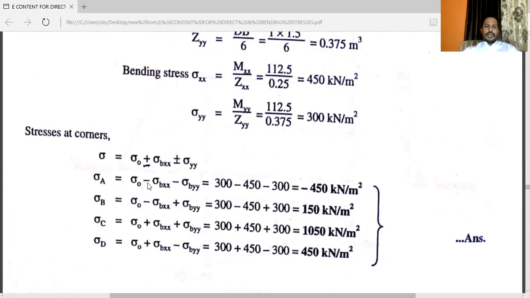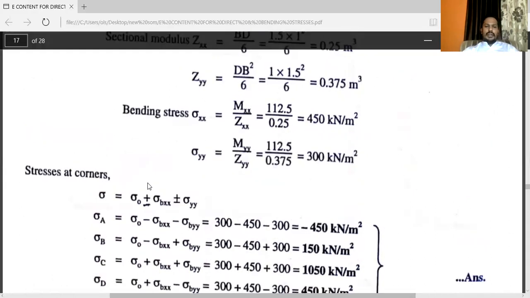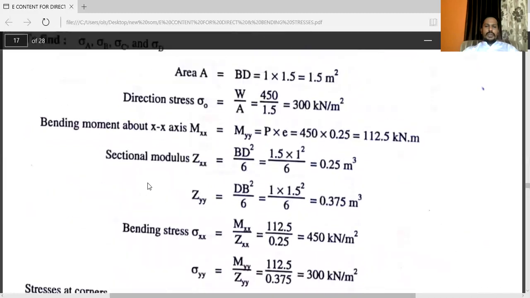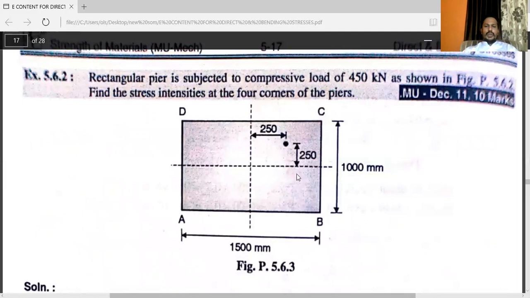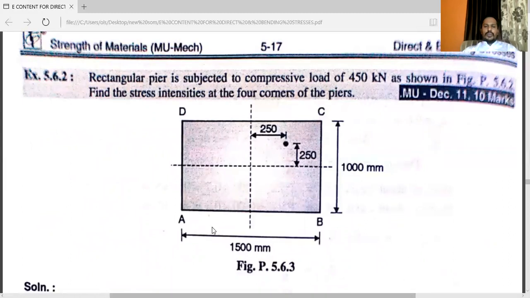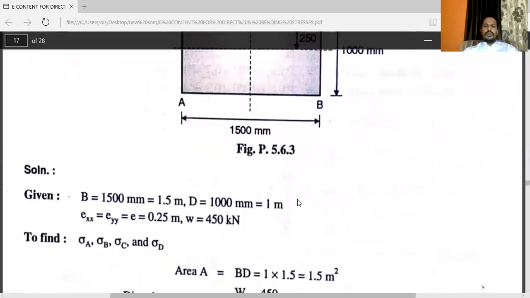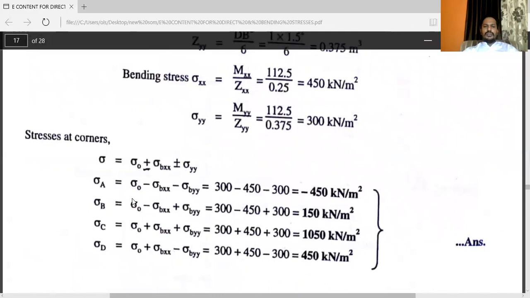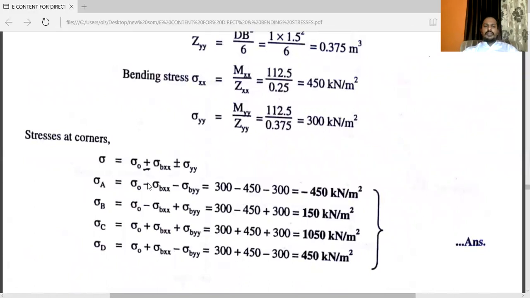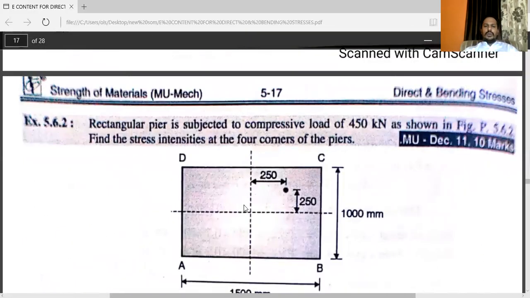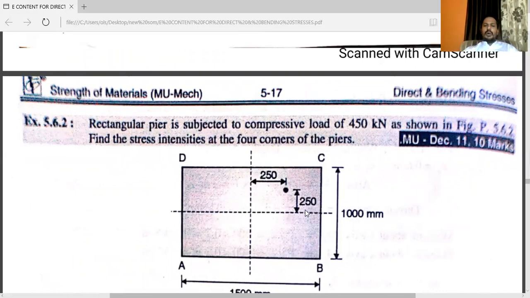And after that, you can write the sign conventions. Here you can see the point is acting in the first quadrant, A and B. While considering xx, both signs are minus, because above the dotted line, above this axis, the first corner is there.